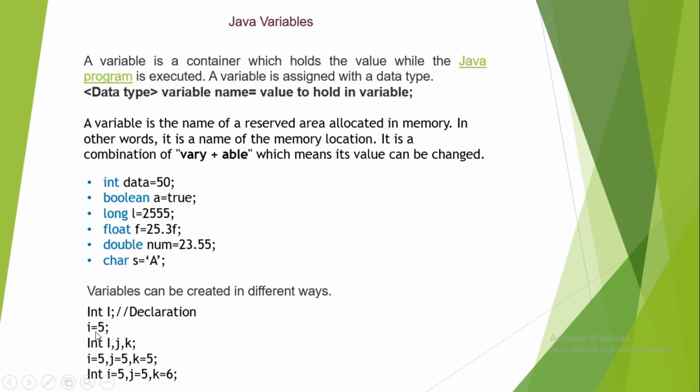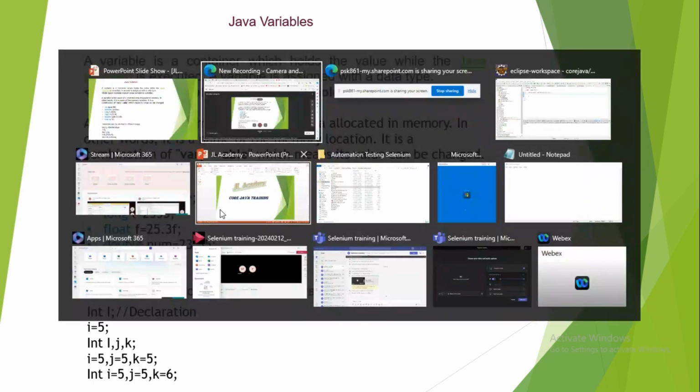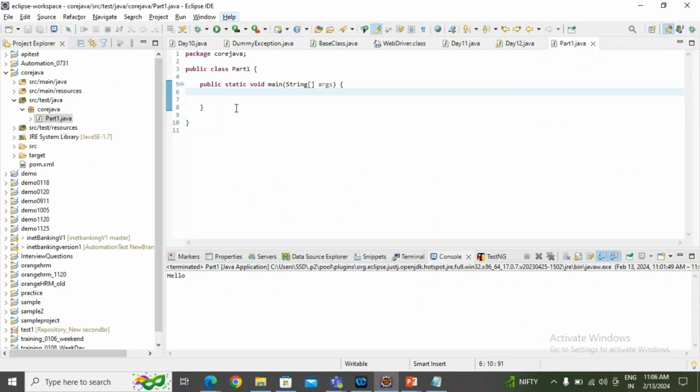Or you can declare all the variables. Suppose you want to use more than one variable, you can declare all the variables in one line, and you can assign the values in the next line, as here. Or you can directly create more than one variable and give the values in a single line also. This is possible. Now we will see a practical demo.